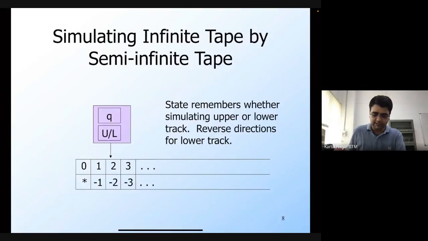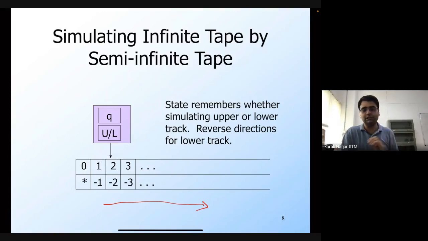This tape is a semi-infinite tape. It only extends in one direction, but it has two tracks. The lower track stores the contents of the original infinite tape to the left of the input symbols, and the upper track stores the tape which is to the right.